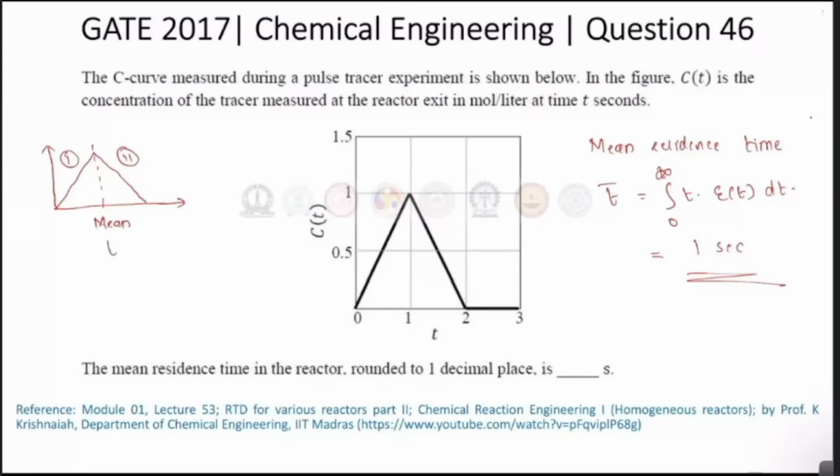And from the graph, it is at this point. And that means the mean residence time at this point will be 1 second. So this is a shortcut method to find the mean residence time for a residence time distribution that has identical geometries.